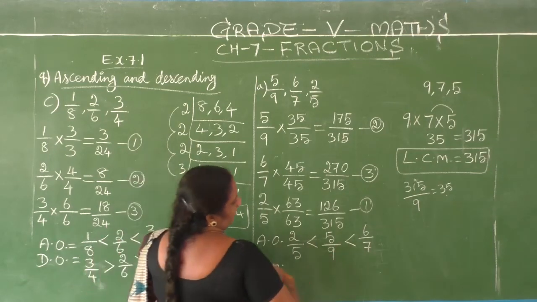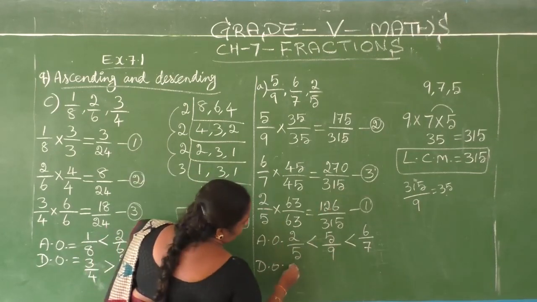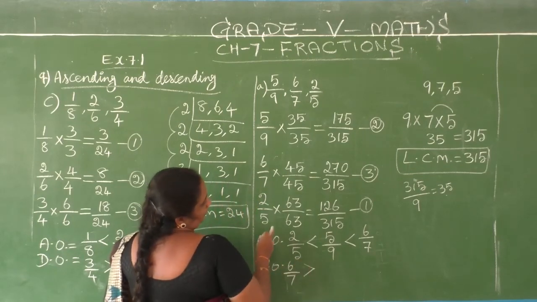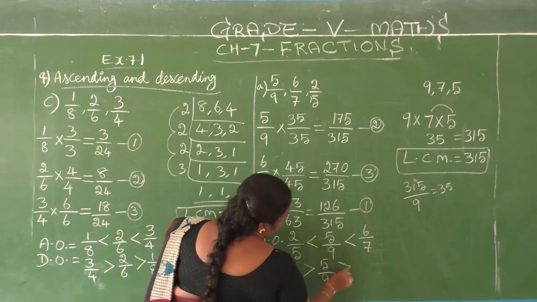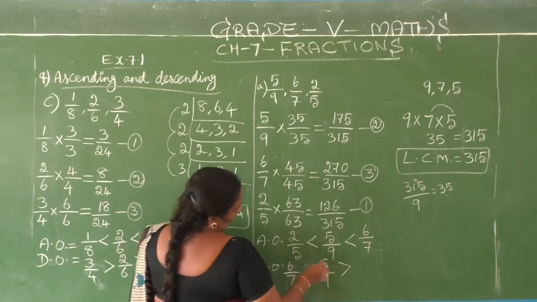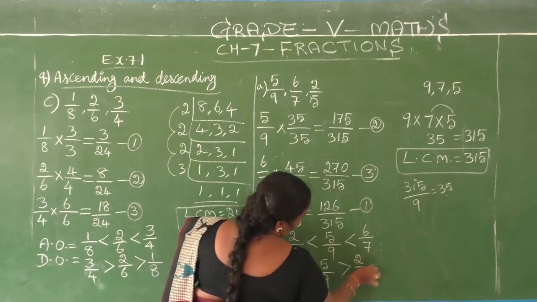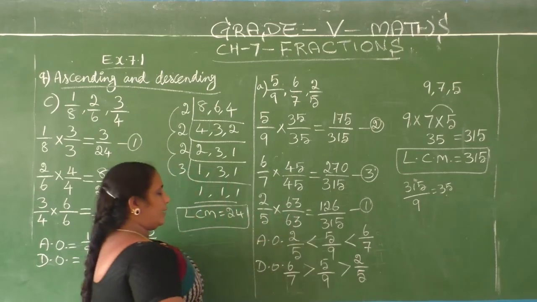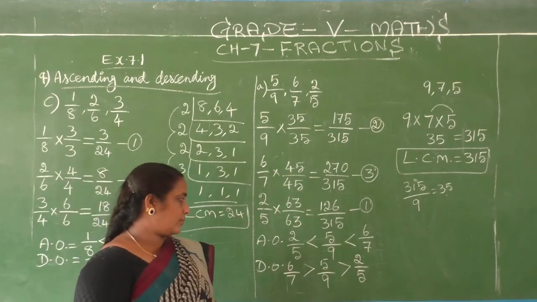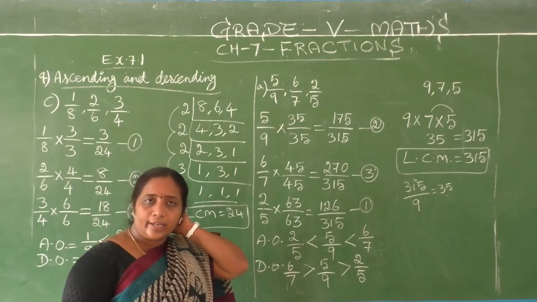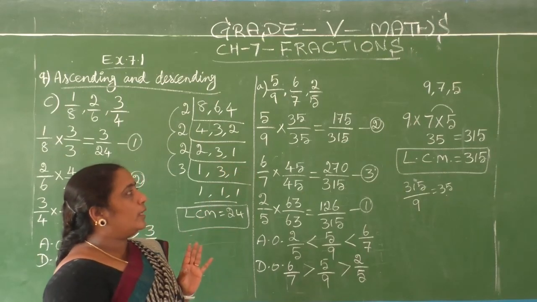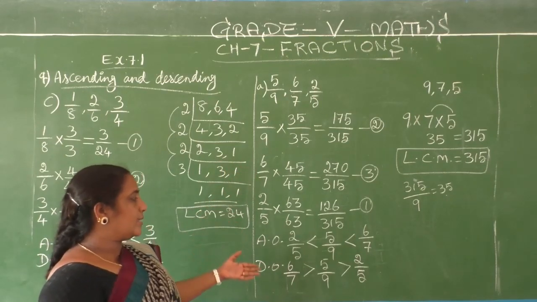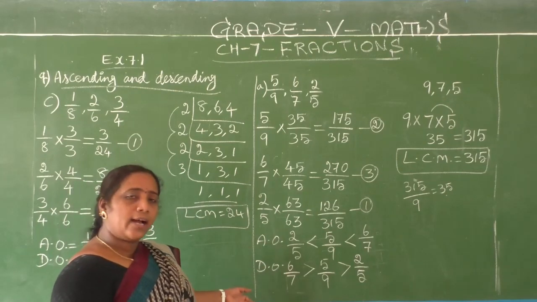Descending order means you have to write in reverse order. 6 by 7 greater than 5 by 9 greater than 2 by 5. So now we have arranged all the fractions in ascending order and descending order. Okay. So first we have to make all the fractions into like fractions. Afterwards we arrange the fractions into ascending order and descending order.